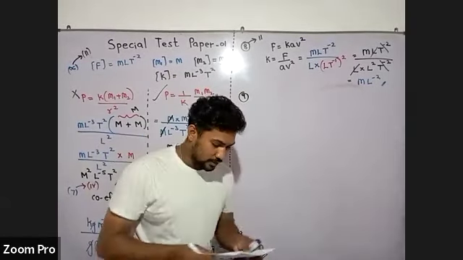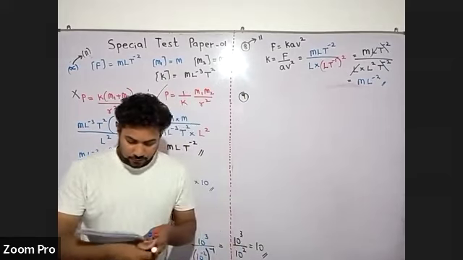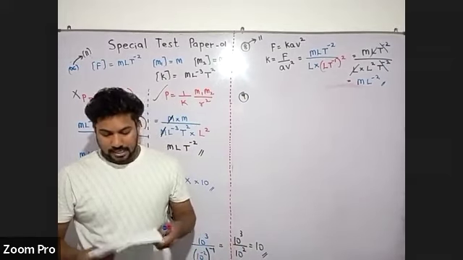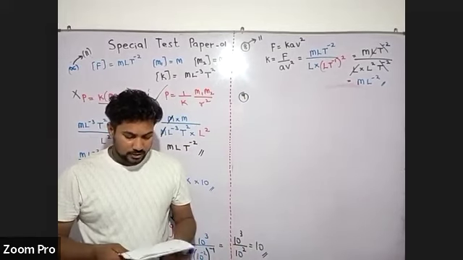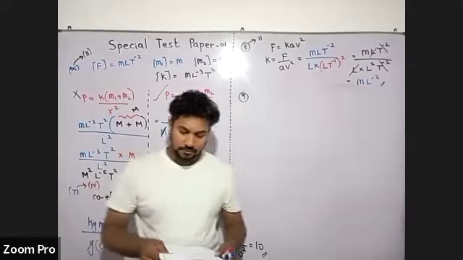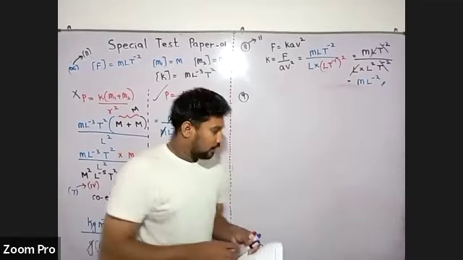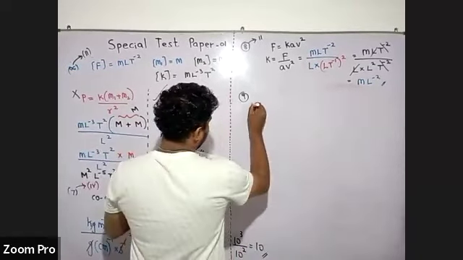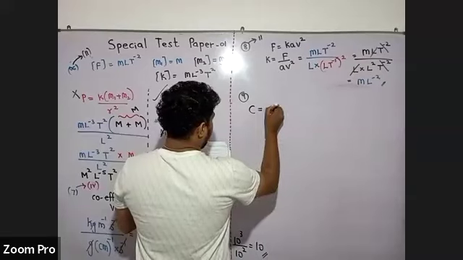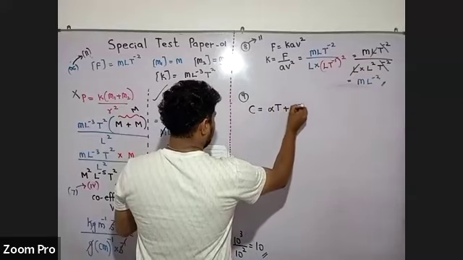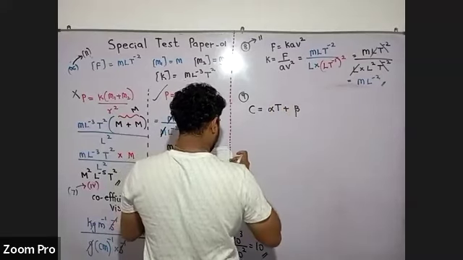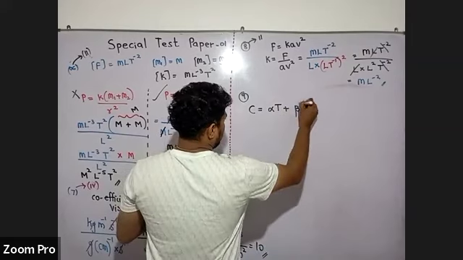Guys, in the ninth question, the heat capacity of a solid C can be given relative to temperature in the following formula, that is C equals alpha T plus beta T cube.